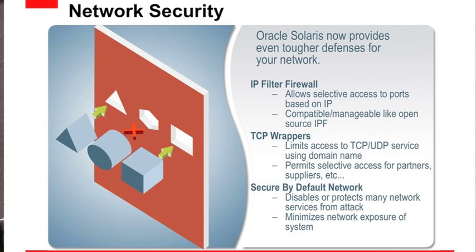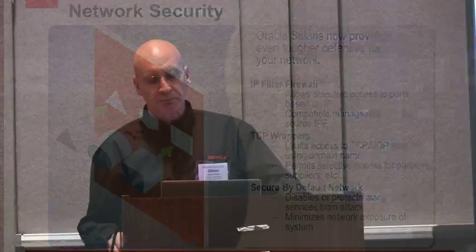TCP wrappers to restrict access from specific domains. And secure by default, which is the feature by which an SMF profile is initialized to disable all external network services except SSH.